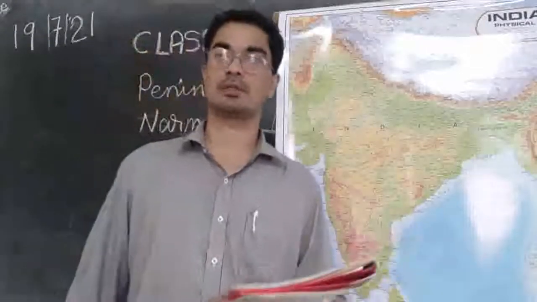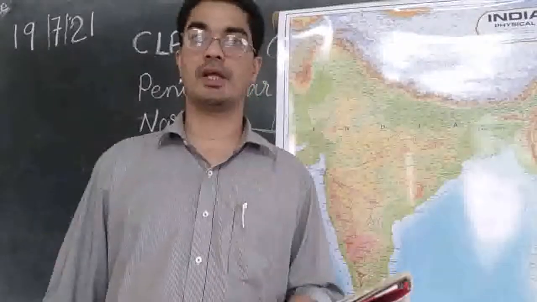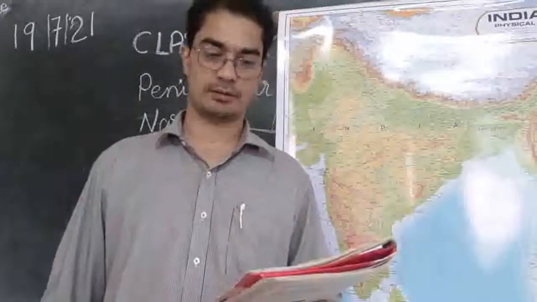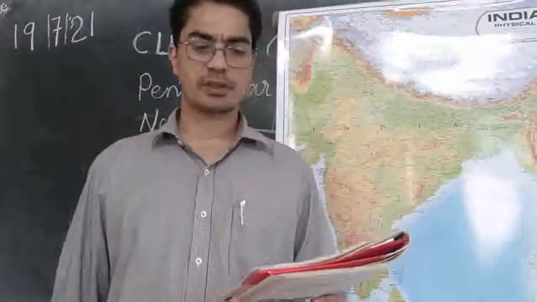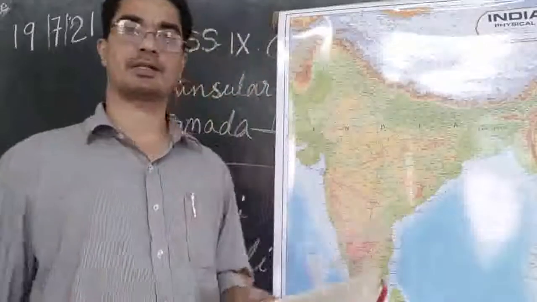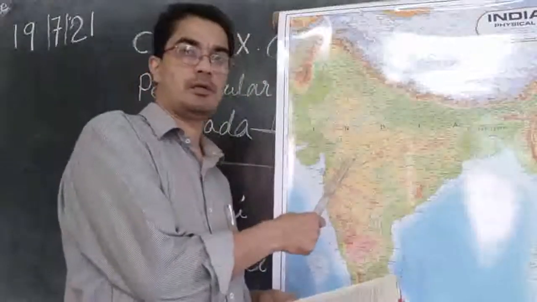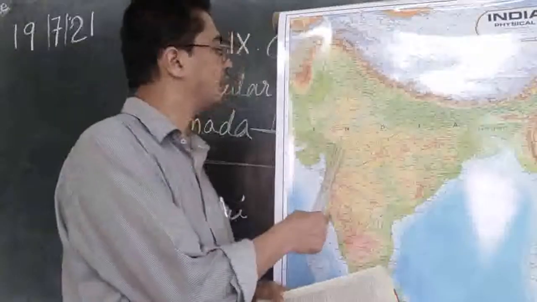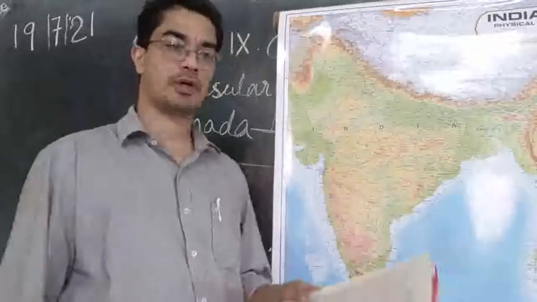There are many rivers in the peninsular region, and among them Godavari is the longest or the largest. It rises from the slopes of the Western Ghats in Nasik district of Maharashtra. So it originates from the Western Ghats, falling in Maharashtra, and from there it starts flowing.